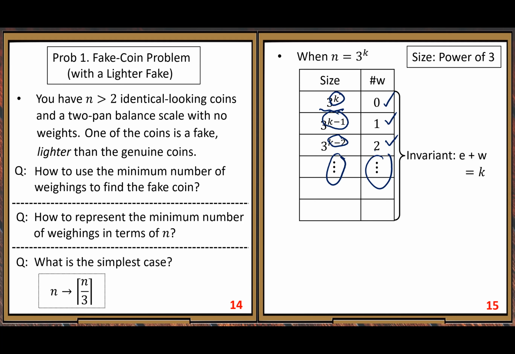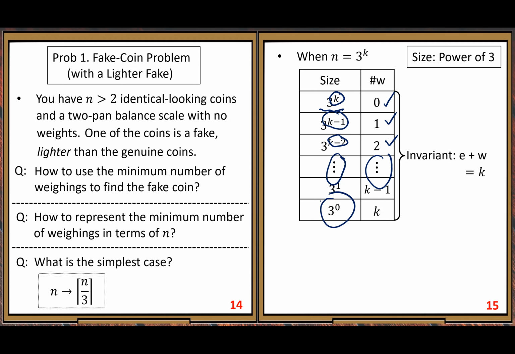All right. So now when we reach the bottom, it's so easy. When we reach the bottom, because the size reduction, the last row, when we find the fake coin, the final weighing, the fake coin must be the singleton, right? The single one, the right one.